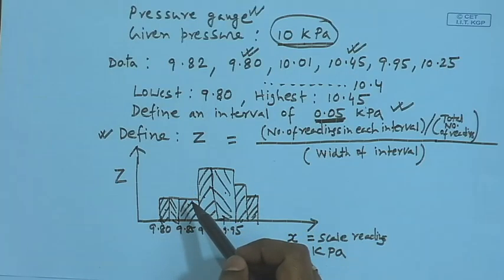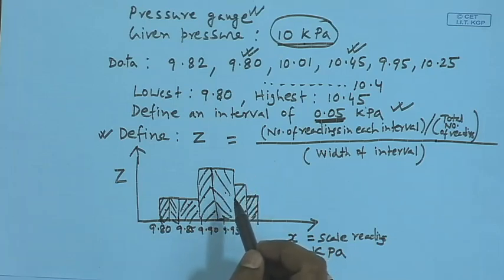If we do this, the steps in this graph will be smaller and smaller, and the graph will approach a smooth curve in the limiting case.